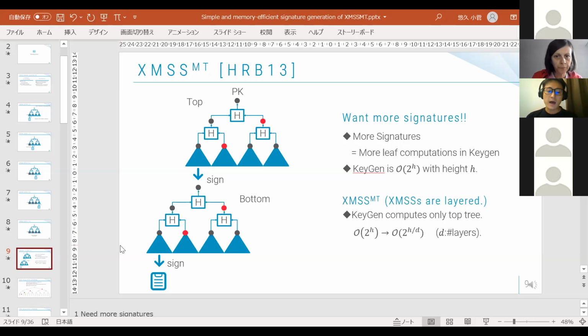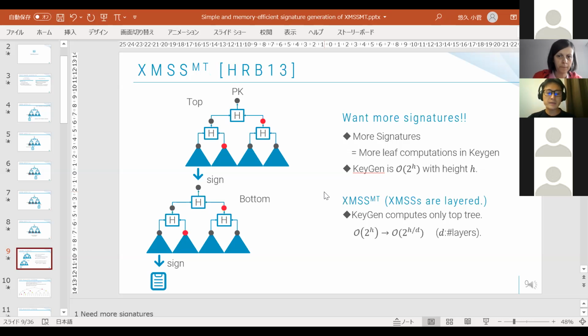Fortunately, there is an algorithm called the BDS algorithm, which can generate signatures in linear time complexity. The BDS algorithm is applied to XMSS without further consideration, but it cannot be directly applied to XMSS-MT, and there are things that we should consider.